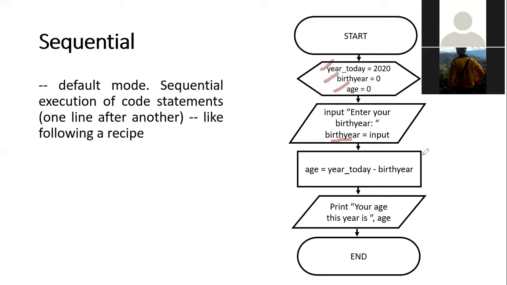We have an equation or arithmetic process, mathematical process. Age is equal to year to date minus birth year. Followed by IO, input output, and instruction is print string, your age this year is, and then you display the value of age. And that ends the flow chart.